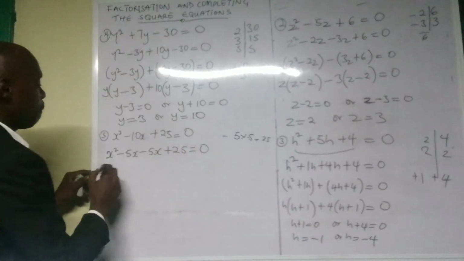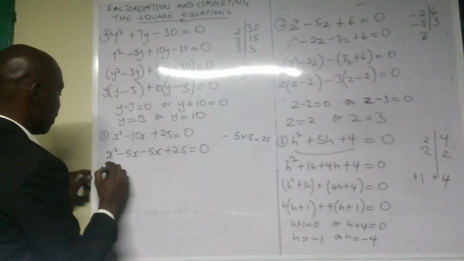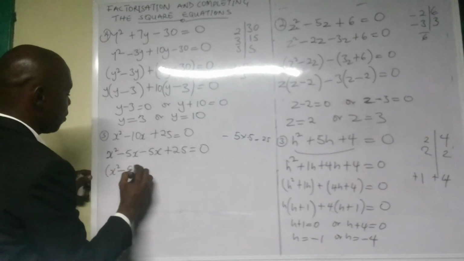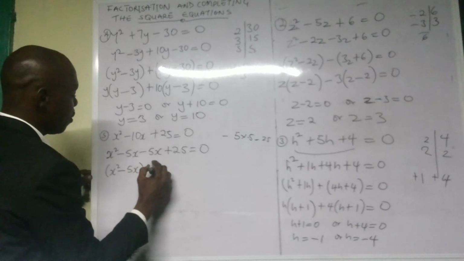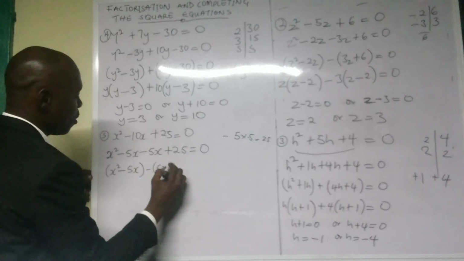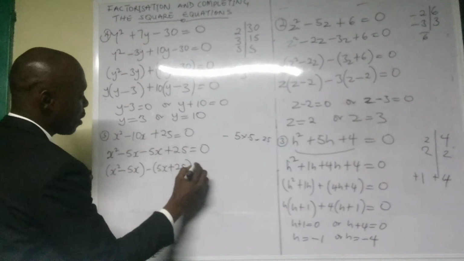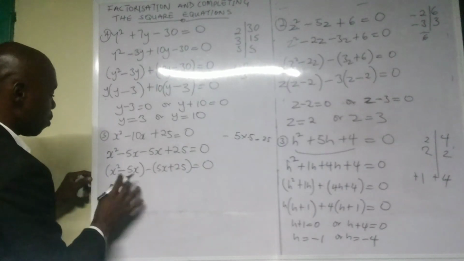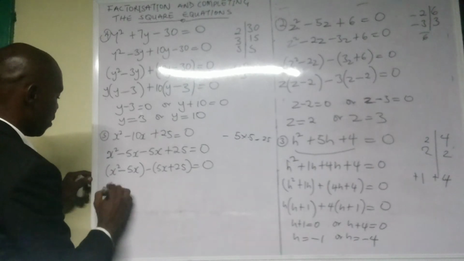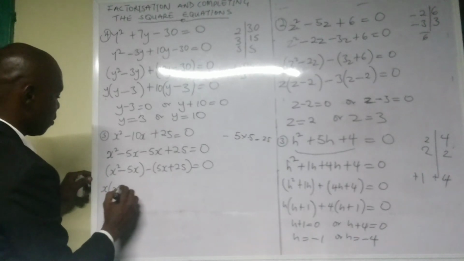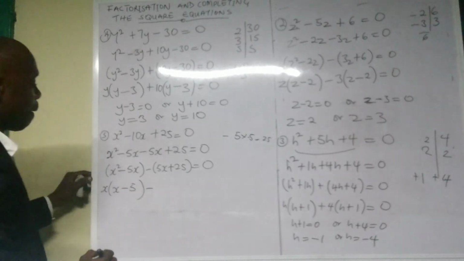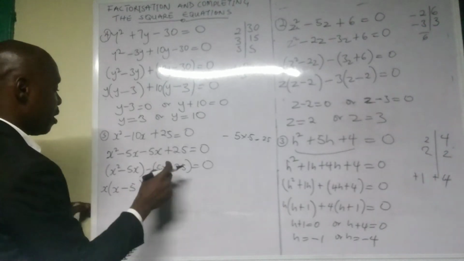So from here now we close the bracket. x squared minus 5x, close the bracket, minus open bracket 5x plus 25, close bracket, equals 0. So from here now we pick the common one, x out. x cancels, remain x, minus x cancels x, remain 5, minus here.